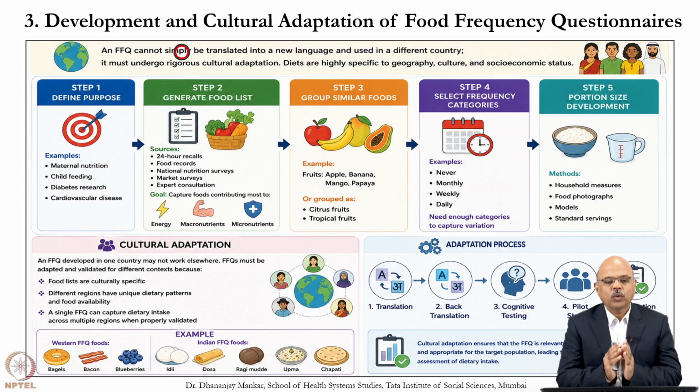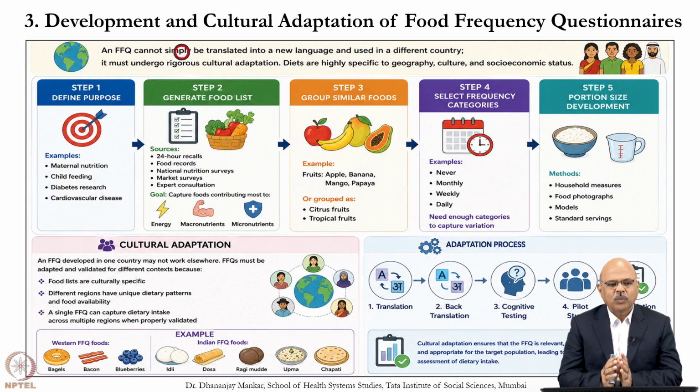A single FFQ cannot easily capture dietary intake across multiple regions, unless properly validated. So there are two variations: validation can make it more adjustable, whereas if validation is not done, it cannot really capture intake.